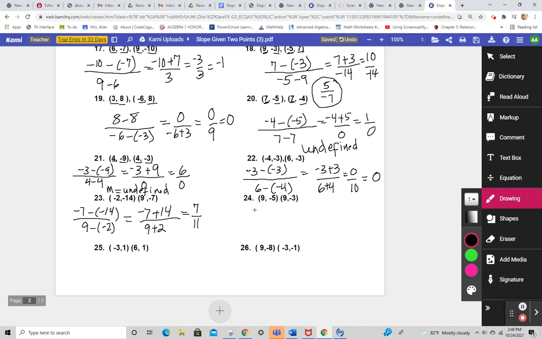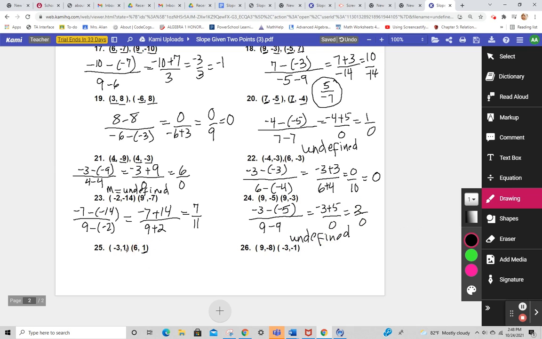Number 24, negative 3 minus negative 5 all over 9 minus 9. So that's negative 3 plus 5 all over 0, which is 2 over 0, which means it's undefined because we can't divide by 0.